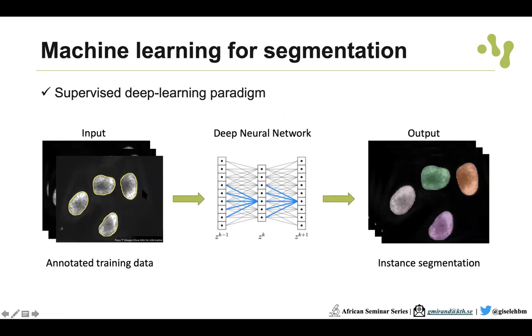So the particles that we want to analyze are already annotated. They are marked in this image. And then a neural network is trained, and we don't have to specify filters in this case. We just need to input annotated training data. And the network will build a model for the segmentation of the particles.